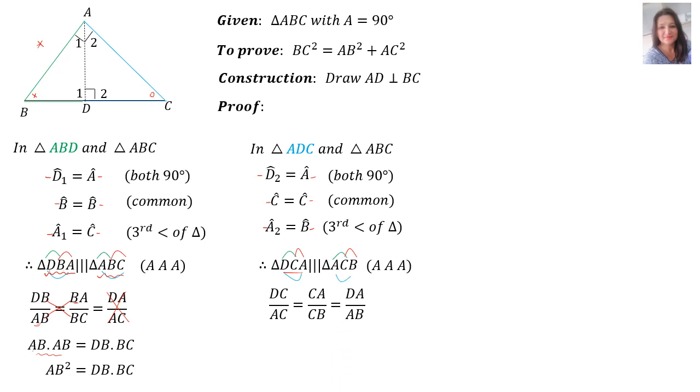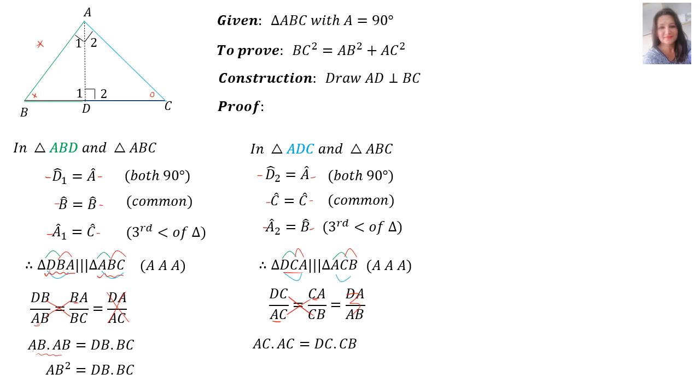And again, we will ignore one of them. Keep in mind, AC and CA, it's exactly the same thing. Therefore, we can cross multiply and we end with AC times AC is equal to DC times CB.